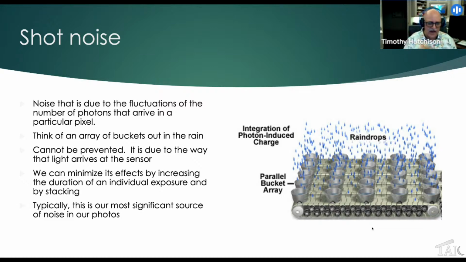We're going to talk about how and why those things impact shot noise in a positive way. But understand that shot noise is typically our most significant source of noise in our photos. This is the big guy, right? This is what has the highest level of impact on our images.